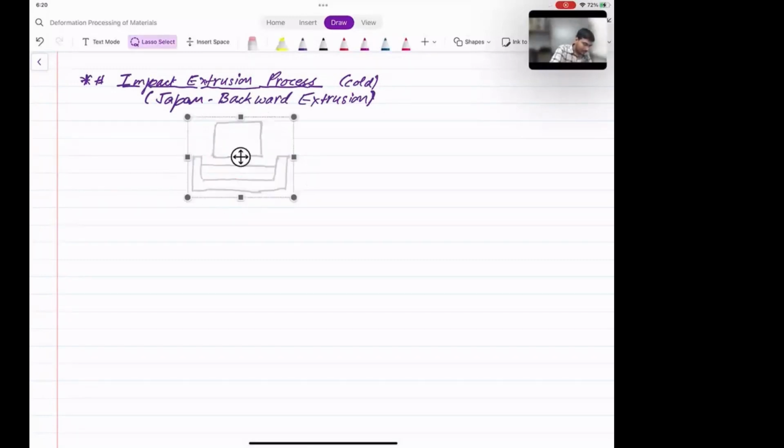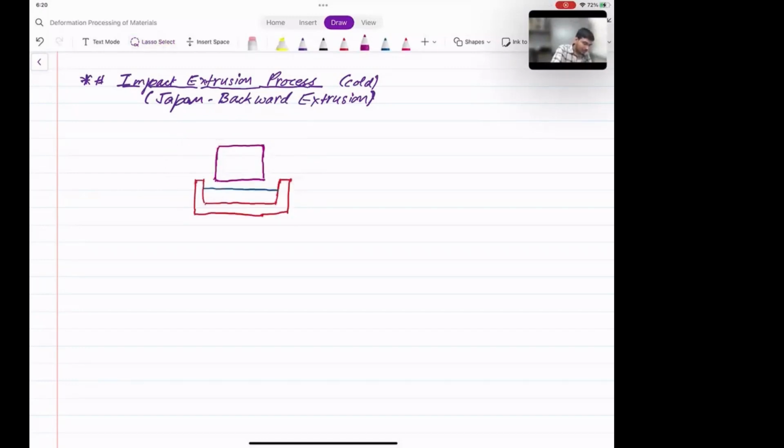Let us move it a little down. And this pressurizes the billet so that it can be extruded. Let me hatch it for better visibility.